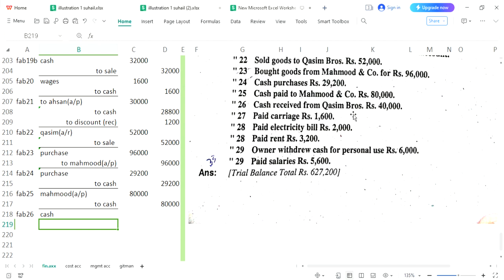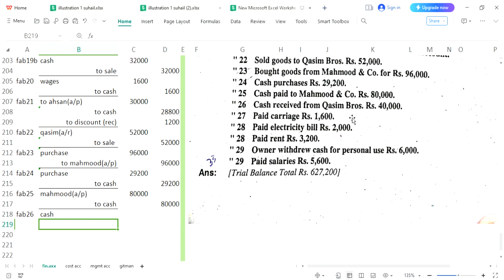Secondly, you have seen that the person from whom you are receiving this cash is Qasim. Qasim is a person from whom the amount was receivable and now you have received it. Since Qasim was included in accounts receivable, which are assets, after receiving cash he is no more account receivable, no more amount is receivable, no more asset. The asset is decreased. A decrease in asset should be mentioned on the credit side.